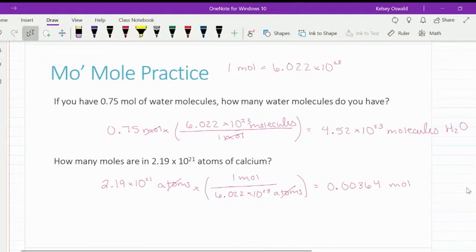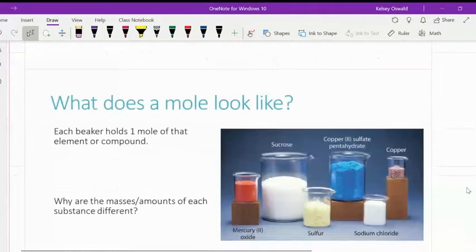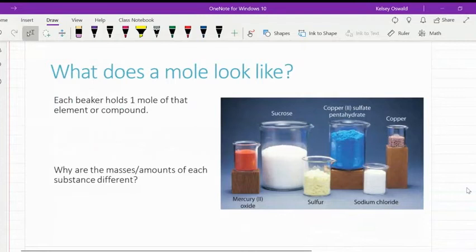Awesome job. So then let's take a look at what a mole actually looks like. So we've talked about a mole being 6.022 times 10 to the 23rd particles. So in this picture, we have a variety of substances, and in each beaker, we have a mole of that substance.